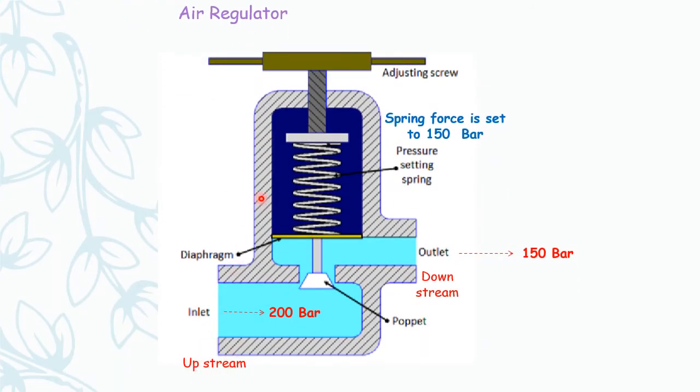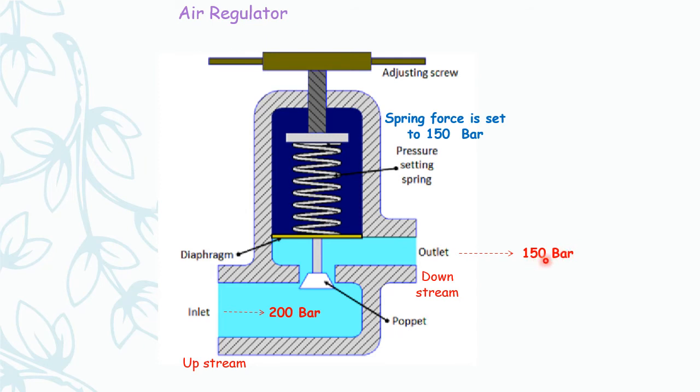You can see a small cross-sectional schematic view of a simple air regulator. The inlet pressure, that is at upstream, is 200 bars, and the spring force of this air regulator is 150 bars, and the pressure required at the outlet, that is at the downstream, is 150 bars.